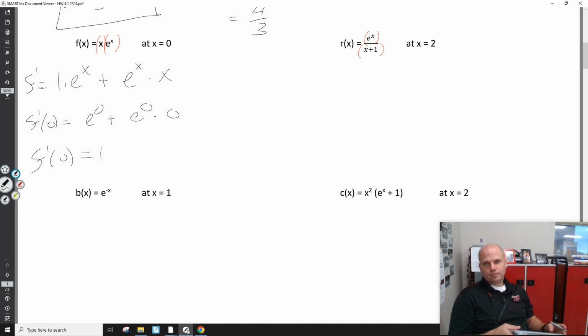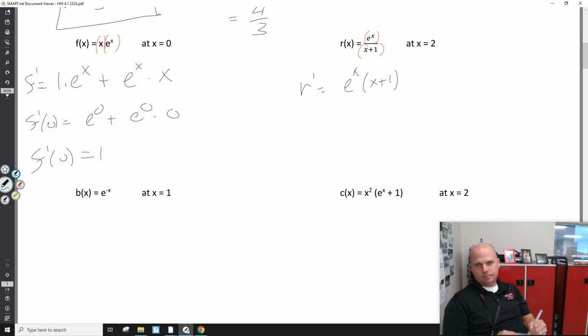Cool. Next one. Do you remember the quotient rule? It is the derivative of the top times the bottom minus the derivative of the bottom times the top all over the bottom squared. We then plug in 2.